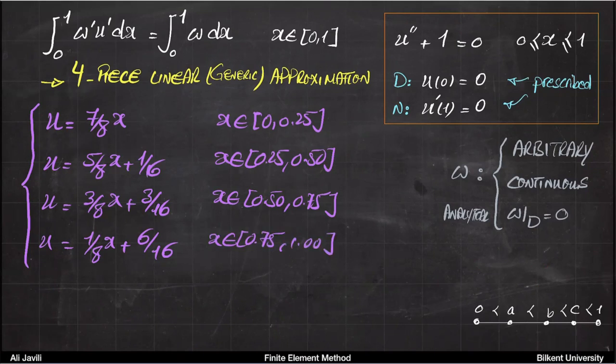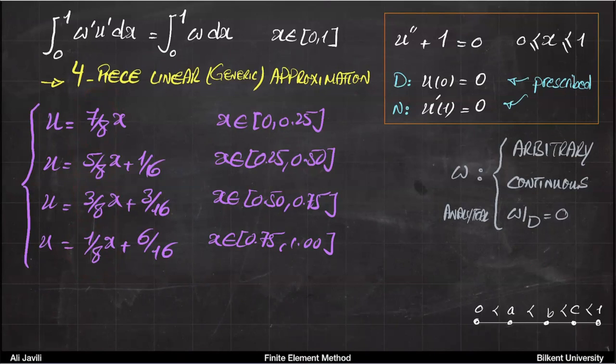But the reason I'm doing this is that, again, if you look at the coefficients, 7/8, 5/8, 3/8, 1/8, you see that they are decreasing from left to right with distances of a quarter or 2/8.